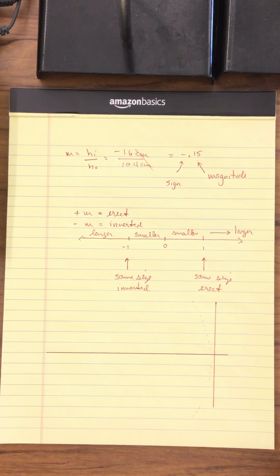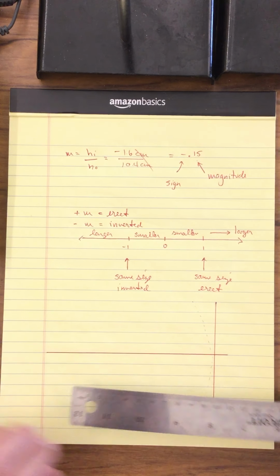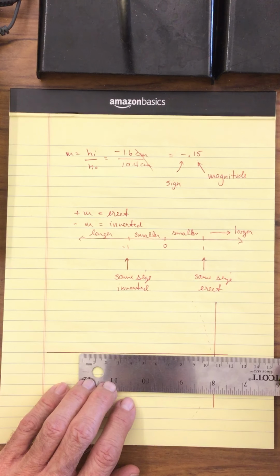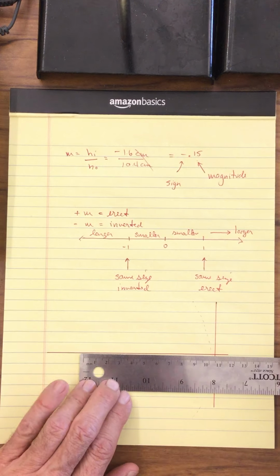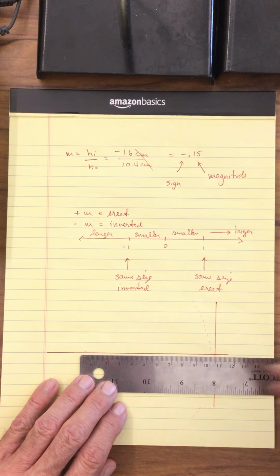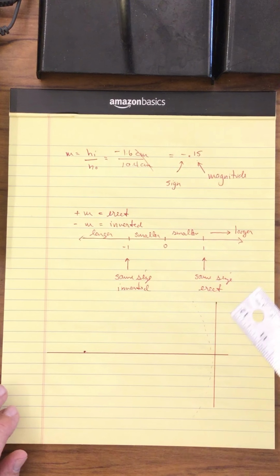Let's go ahead and draw in our features now. My object is going to be 10.4 centimeters away. Try to be as precise as possible, because the more precise you are with these measurements, the better your drawing will be.